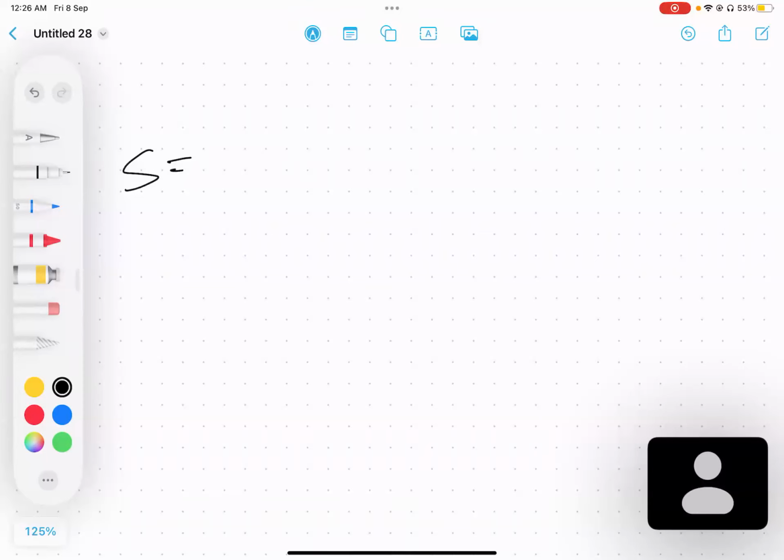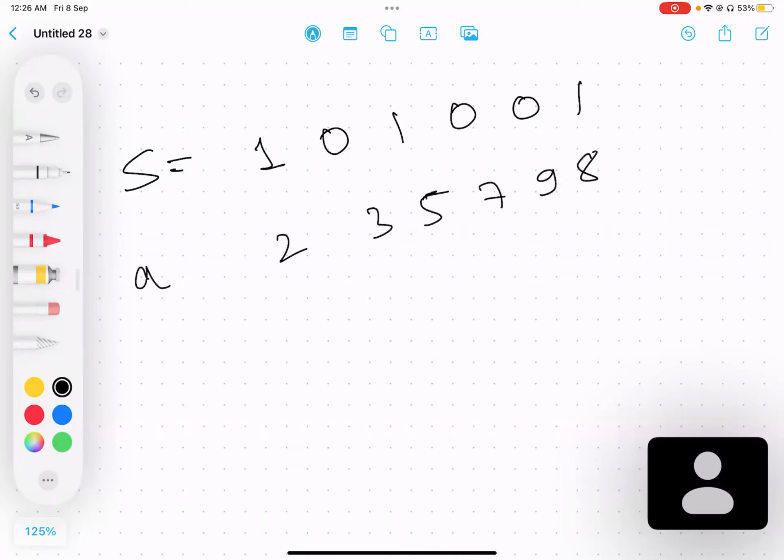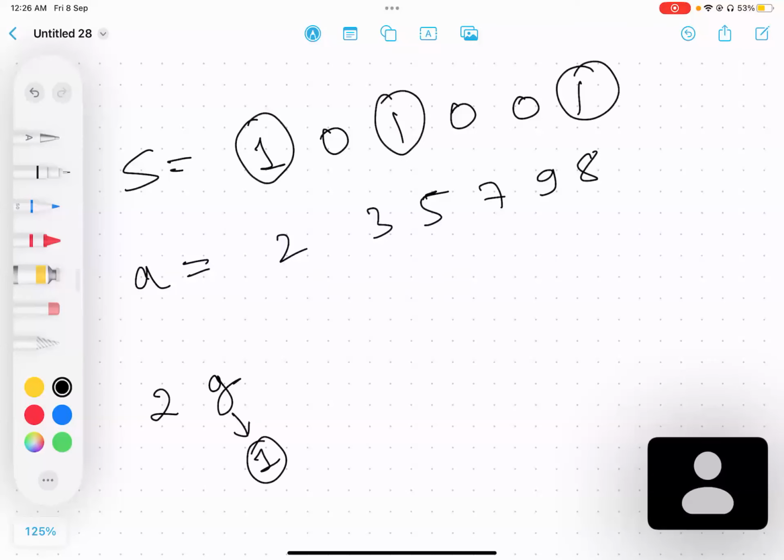So let's say your string was 10001, right? And your array is let's say 2, 3, 5, 7, 9, 8. So what the question is saying, they will give the query of this type. Let's say the value of g is 1, in that case, all those indexes corresponding to value 1, you need to take GCD.